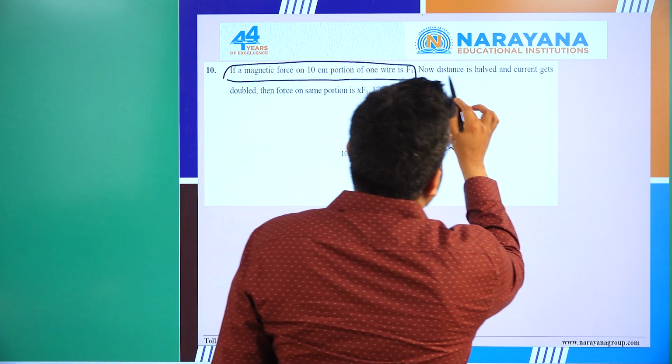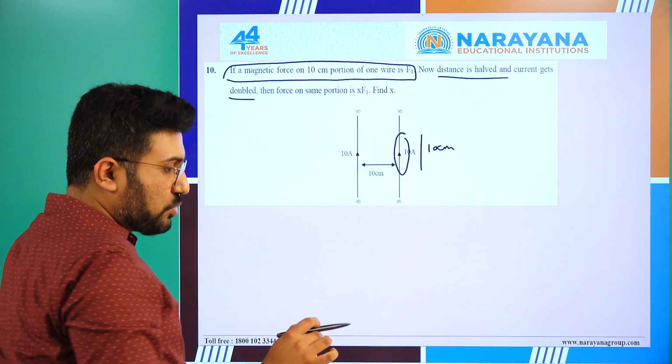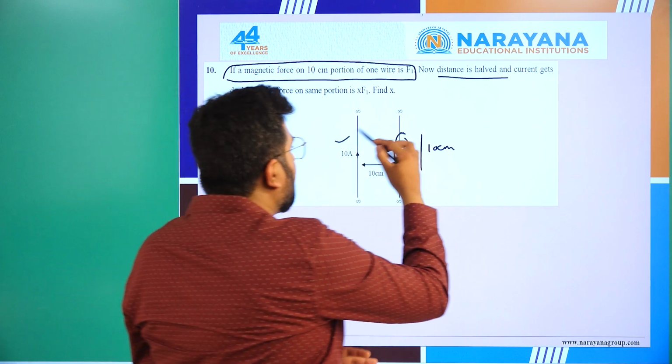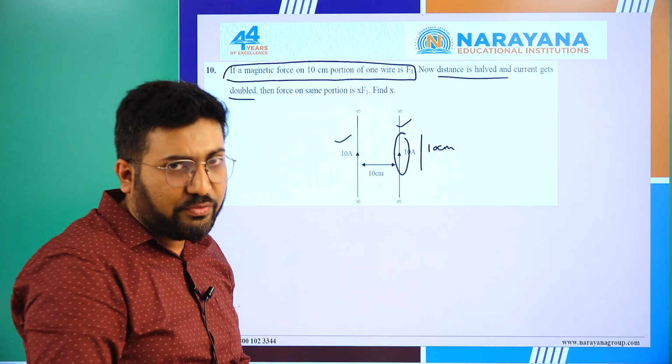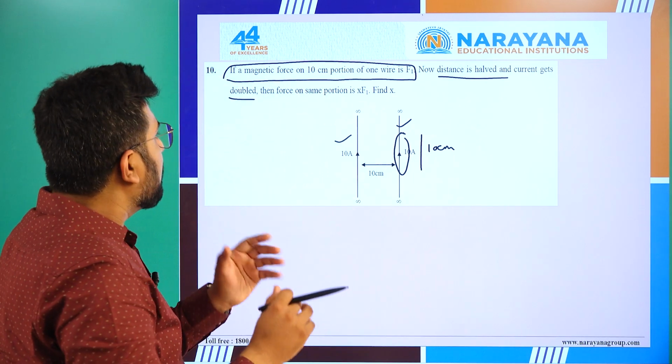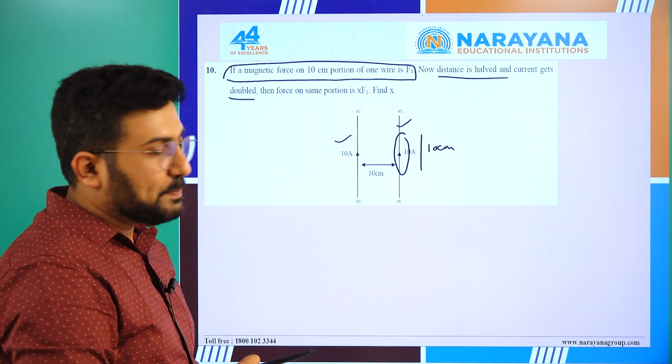Now the distance between them is halved and the current is doubled. So now they have doubled the current in both the wires and they have reduced the distance to half. So in this case, what will be the force on the same portion of the wire?